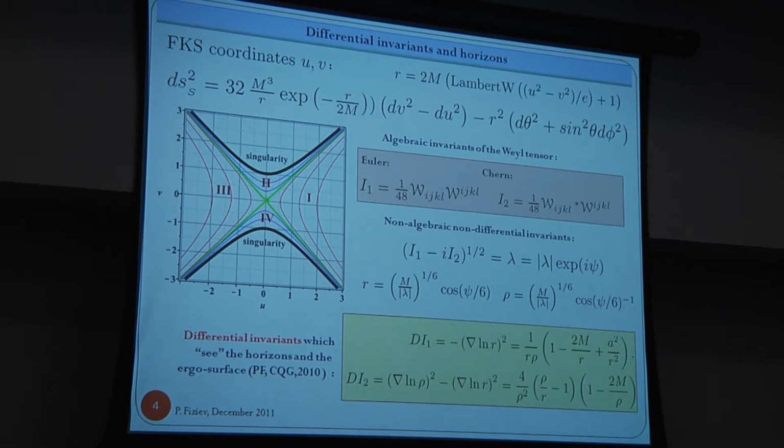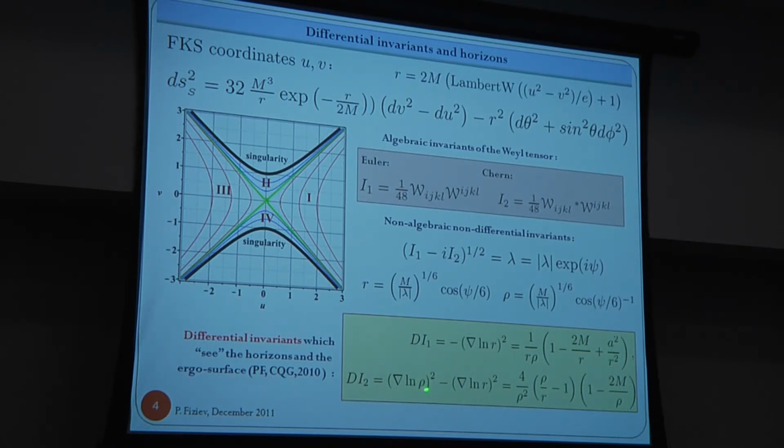One is constructed using Euler topological invariant, another one is constructed using Chern's topological invariant. Actually, these things are the densities of these integral characteristics. And then we can construct, using some not very complicated formulas, differential invariants, this one and this one.